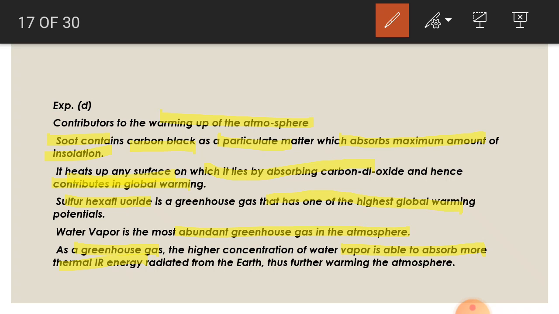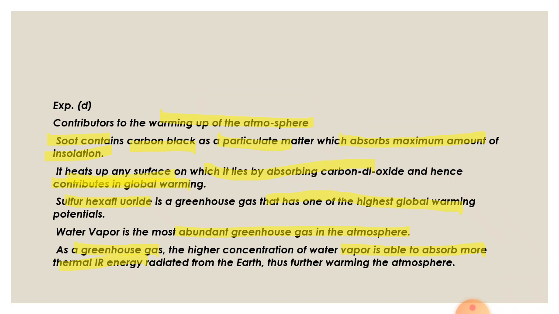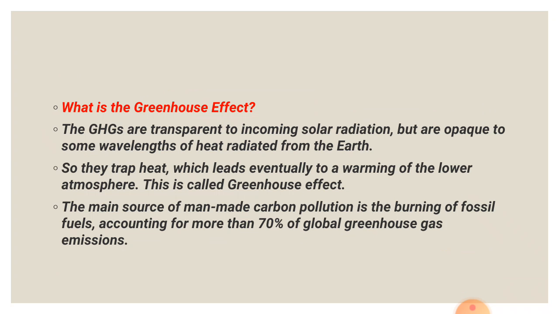When the earth cools at night, it radiates long wavelength radiations, and these are absorbed by the water vapor present in the atmosphere, which heats up the environment. So whether it is water vapor, sulfur hexafluoride or soot, all three have a global warming potential. It means they have the ability to heat up the environment.